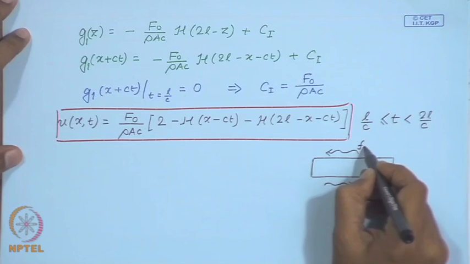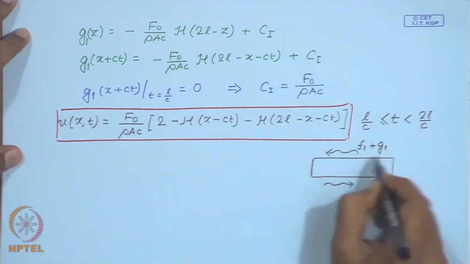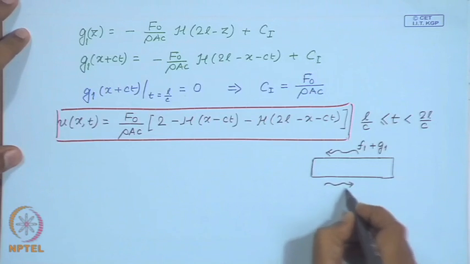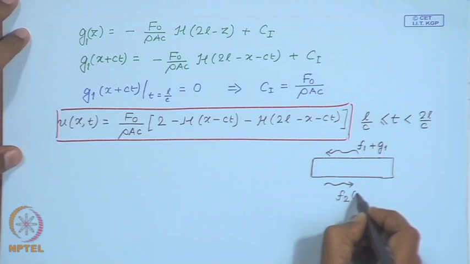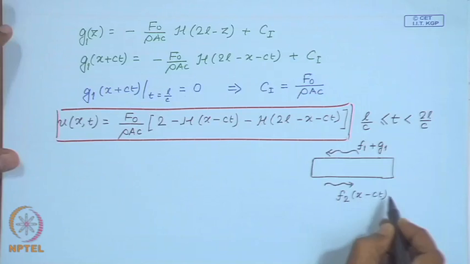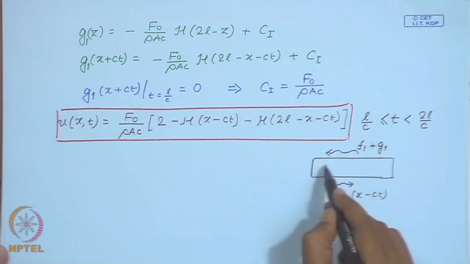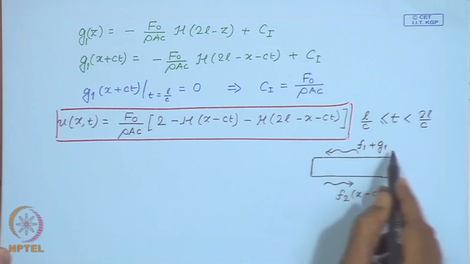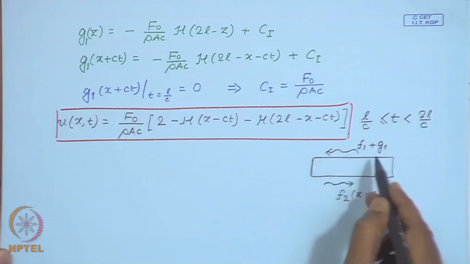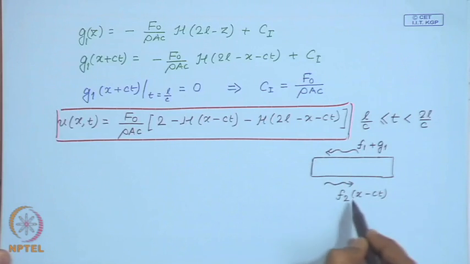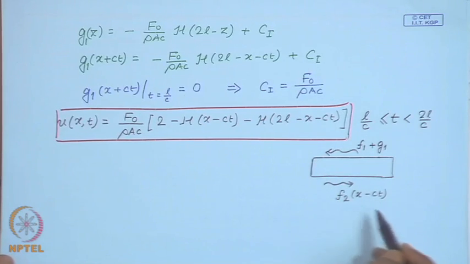So, this is f 1 plus g 1, I am not writing the arguments, and what I generate is f 2 of x minus c t. This f 1 was a positive travelling wave, g 1 was a negative travelling wave, the superposition is travelling now, and what it generates at this boundary is f 2.